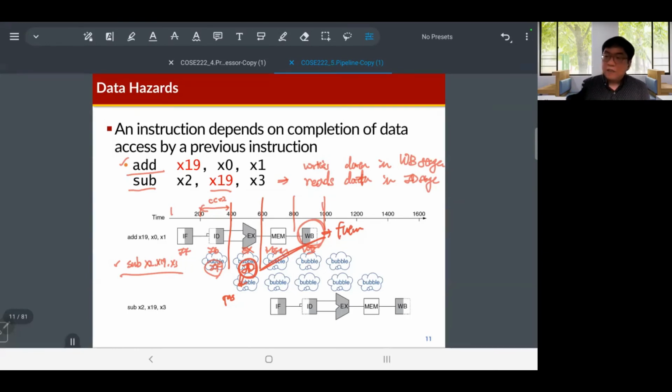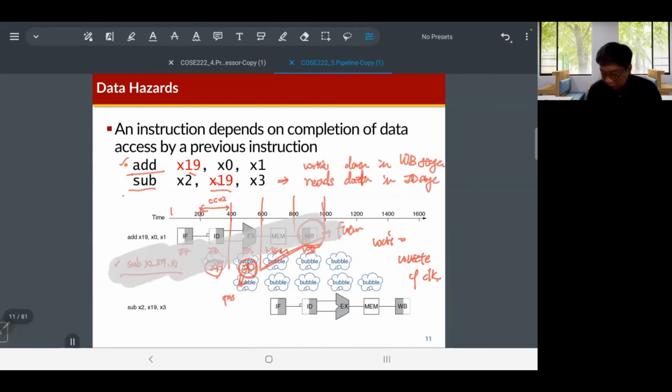Wait means the clock is wasted. So because of the data dependence between add and sub instructions, clock cycles are wasted, which is data hazard.